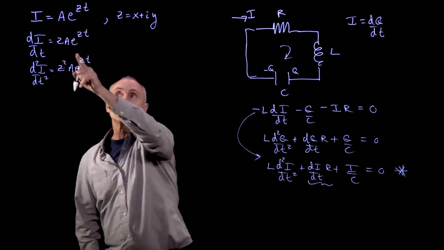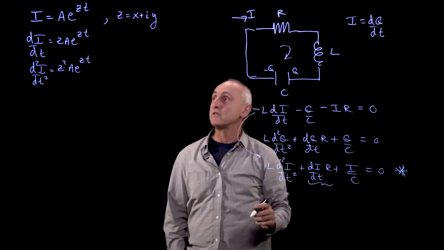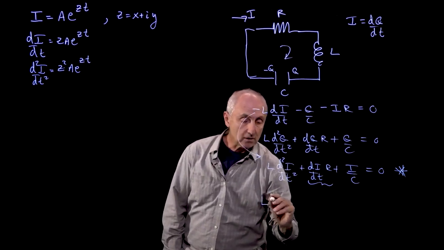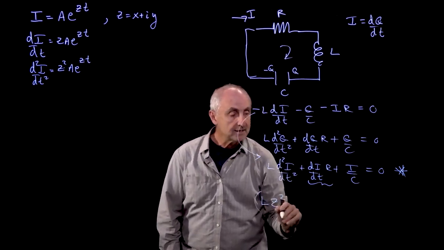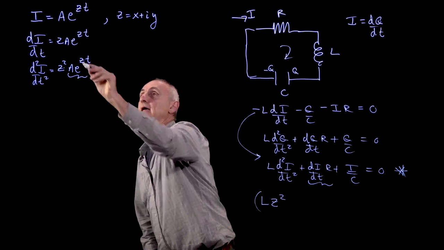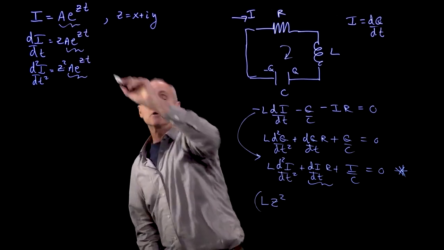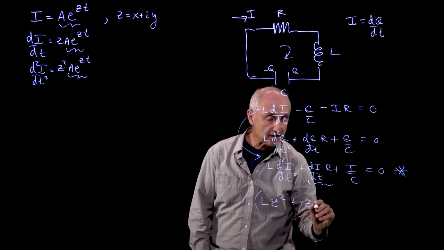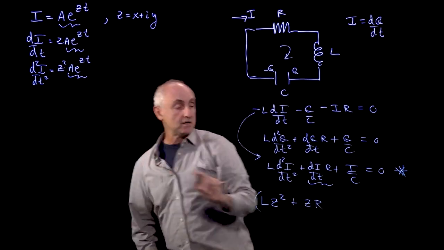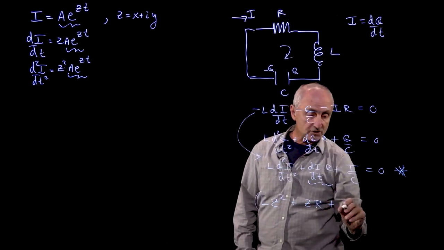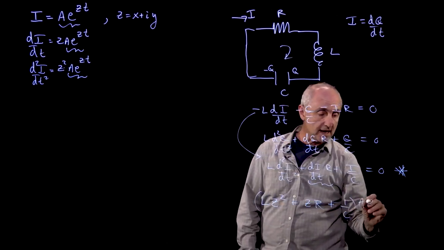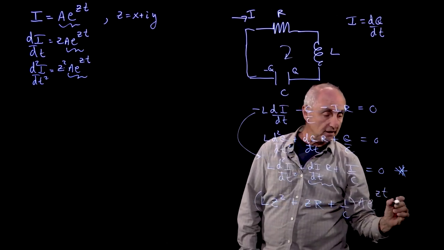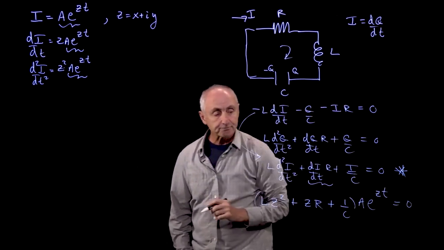So if we substitute the first and second derivatives in here, we just get L Z squared. I'm going to save the A e to the Zt, because it's in every single term, and put it on the outside. This second term is Z times R. This last term is 1 over C times A e to the Zt, equals 0.